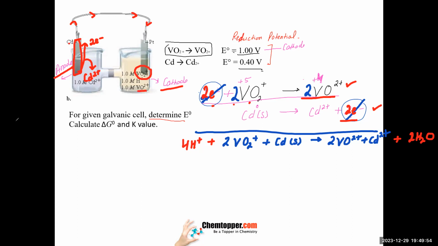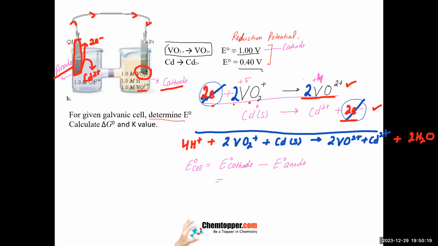Okay, so now what is the E naught cell? You remember the equation of the E naught cell, children? E naught cell is E naught cathode minus E naught anode. And you are going to plug in reduction potential values.